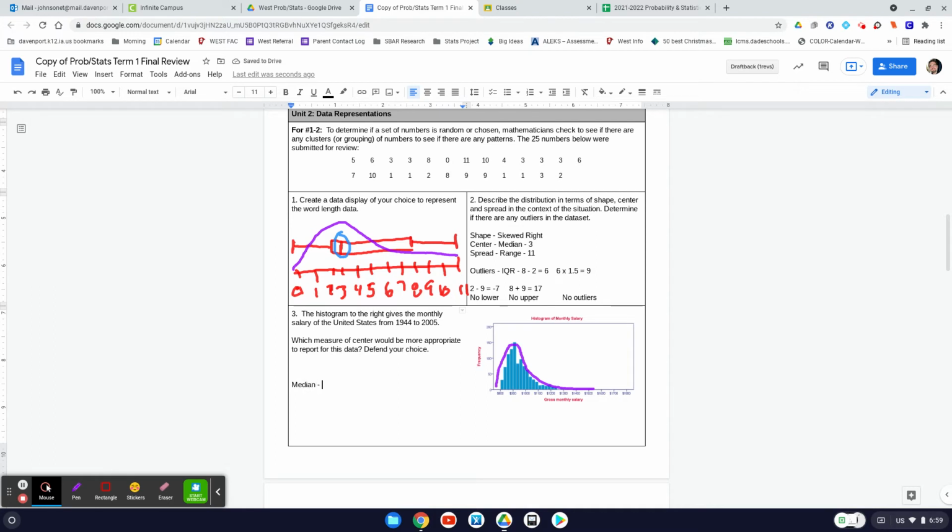Median would be the best choice because our graph is skewed right. Mean gets pulled to the right, so only the median is in the middle.